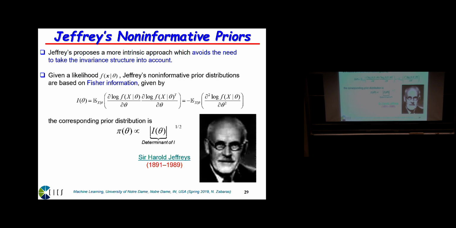The first thing you need to do is define the Fisher information, which is minus the expectation with respect to the distribution of the data of the second derivative of the log likelihood. If theta is a vector, it will be a matrix. So pi of theta is proportional to the determinant of this matrix to the power of 1/2. So this is what Jeffreys non-informative prior is.